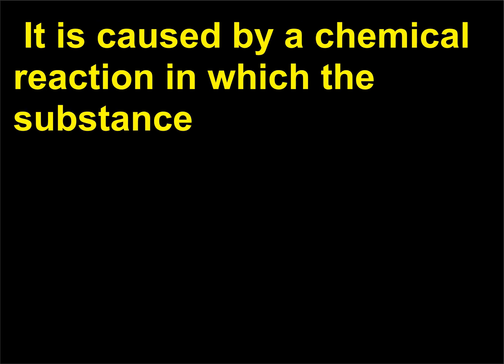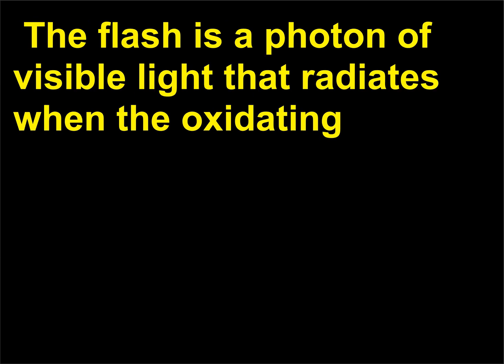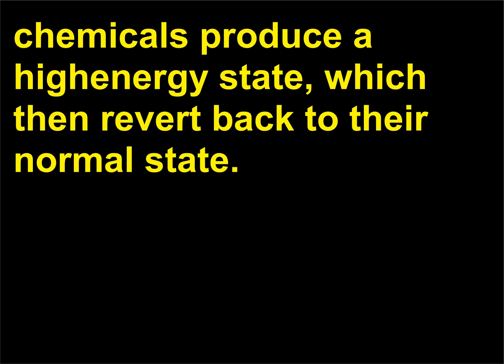It is caused by a chemical reaction in which the substance luciferin undergoes oxidation when the enzyme luciferase is present. The flash is a photon of visible light that radiates when the oxidizing chemicals produce a high energy state, which then reverts back to its normal state.